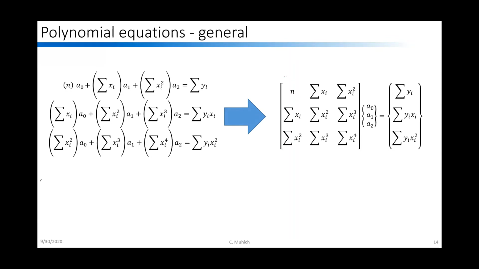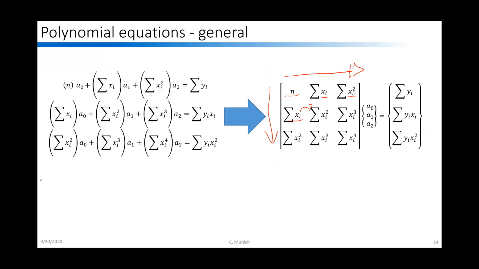As I move across each row, we see that the order in X increases by 1, right? So I go from 0th order, first order in X, second order in X. Then if I go down to the second row, I'm also increasing by 1 order. I go from 0th order in X to first order in X. But then I still am increasing by 1 order as I move across, right?